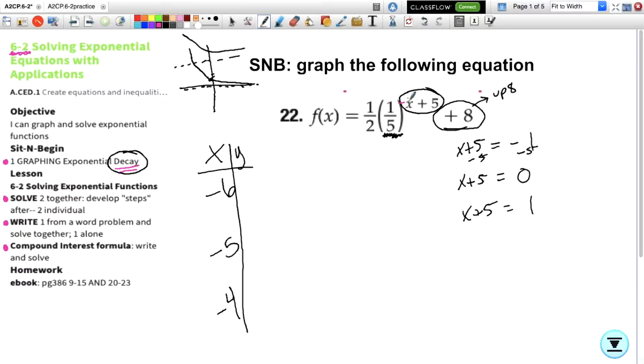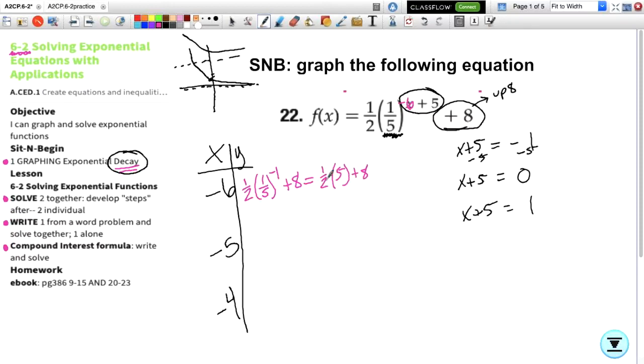So let's start off by plugging in negative 6 right here. Negative 6 plus 5 gives me a negative 1. So I currently have 1/2 times 1/5 to the negative 1 plus 8. Hopefully from our last lesson, but also from previous work, you remember a negative exponent means change the location. So this 1 is going to become part of the denominator, and the 5 is going to become the numerator. So it's really 1/2 times 5 plus 8.